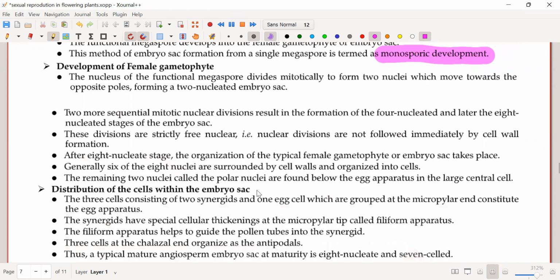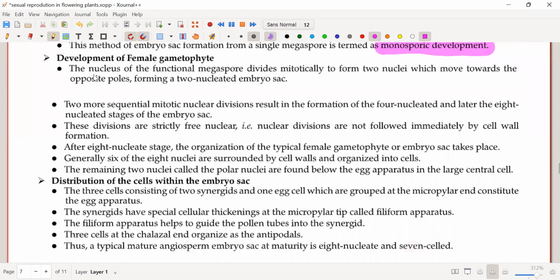Development of the female gametophyte. The nucleus of the functional megaspore divides mitotically to form 2 nuclei, which move towards opposite poles, forming a 2-nucleate embryo sac. 2 more sequential mitotic nuclear divisions result in formation of 4-nucleate and later 8-nucleate stages.